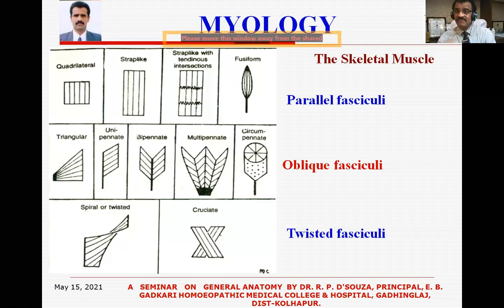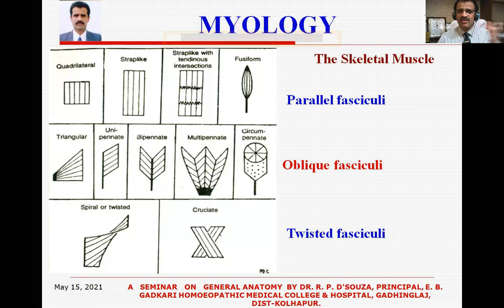If the fasciculi are parallel, you get this shape. If the fasciculi are oblique, you will get these shapes, triangular. The trapezius muscle is triangular on the back. Unipinnate means fasciculi on one side. Bipinnate means fasciculi on both sides. This is related to the study of leaves of plants; in botany, you have studied that.